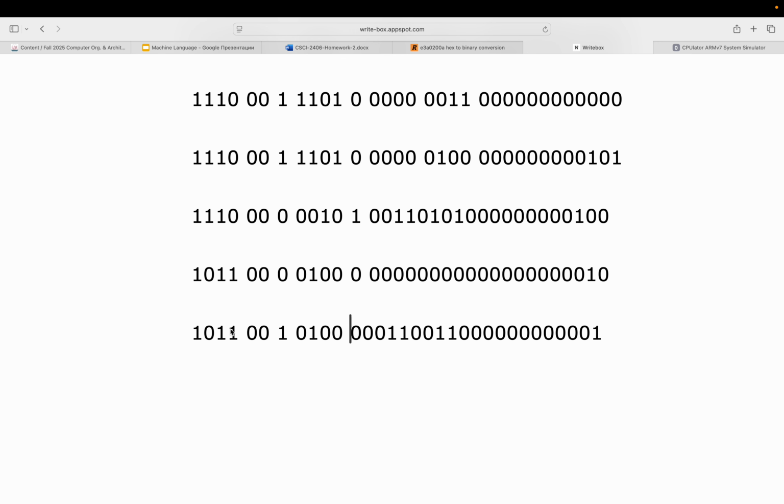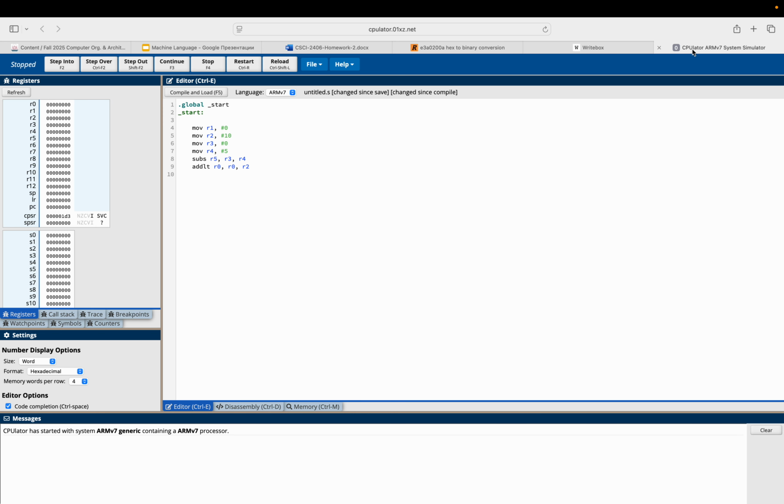As you can see, these two are the same, these two are the same, these ones are the same. The only difference here is that it's going to be again like add LT, but it's going to be R3, R3 and 1 right now, because these parts are slightly different. So let's write it down.